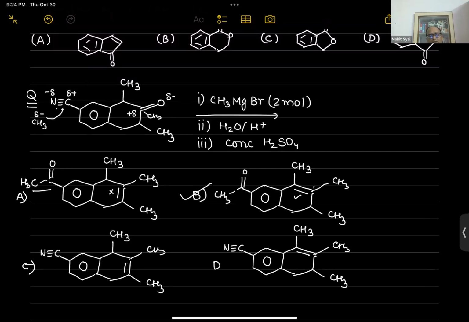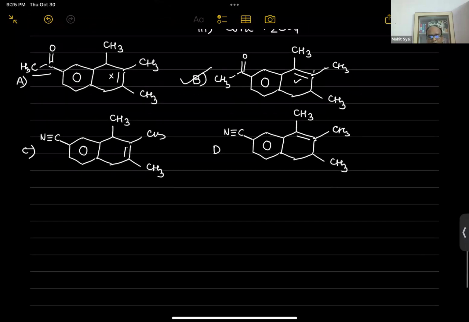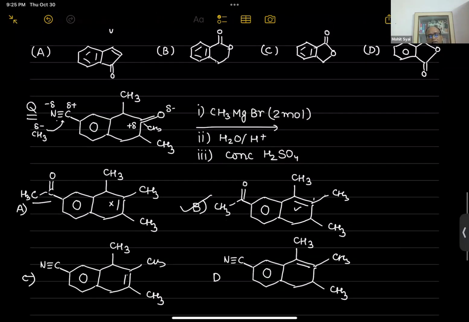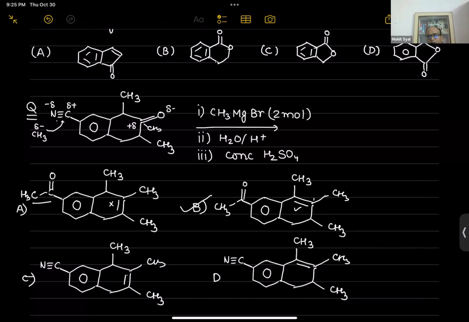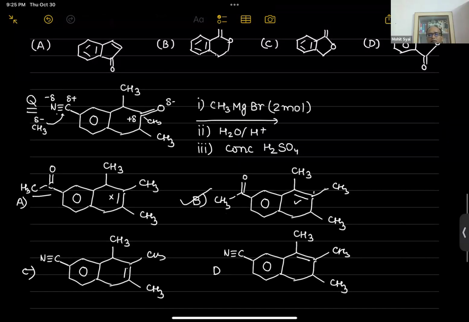I hope it is clear. Any doubts in this? Got it. Very important question, very good question regarding the addition to aldehydes and ketones.